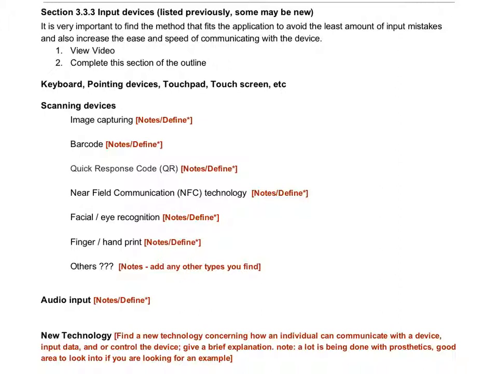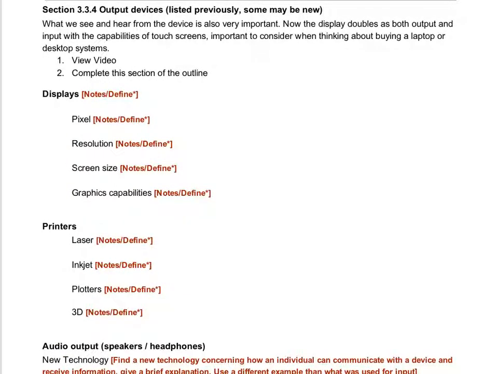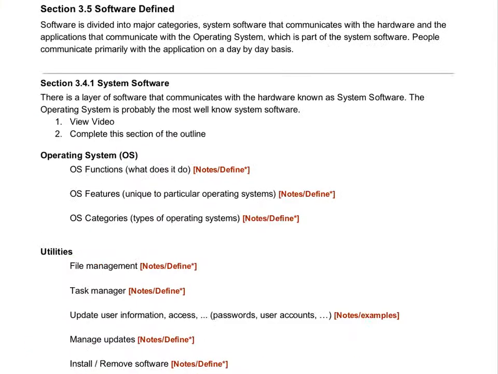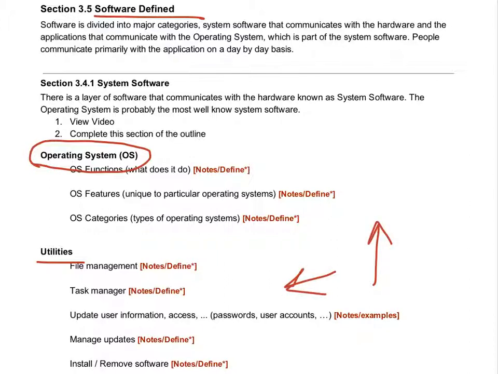Input devices. We covered all these already. We covered input. We covered output. We defined software. Operating systems are key. We have lots of utilities. As you become more of an expert in technology, you become better at managing utilities.